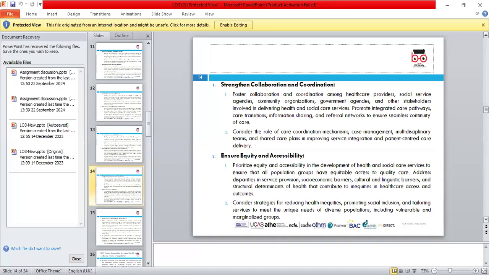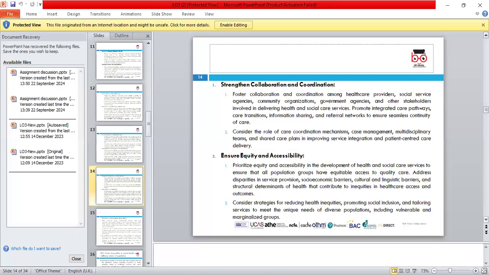We also have to look into ensuring equity and accessibility. Once you say equity, the first thing that should come to your mind is fairness, equality. So making sure that there is equal distribution of social care among patients, service users, and within your care home as well.